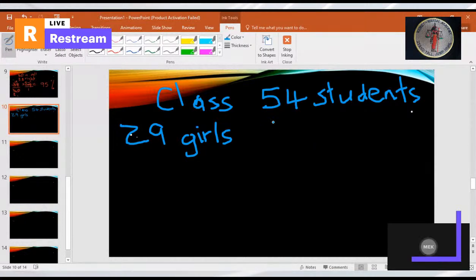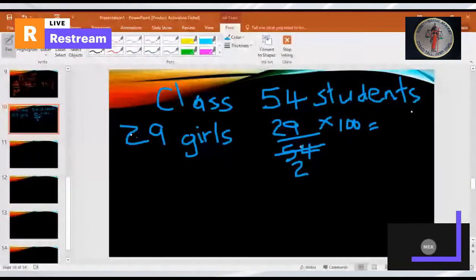So for that, you would put the 29 over the 54 times 100, and you would reduce. So 2 into 5 is 2 times remainder 1, and 2 into 14 goes 7.